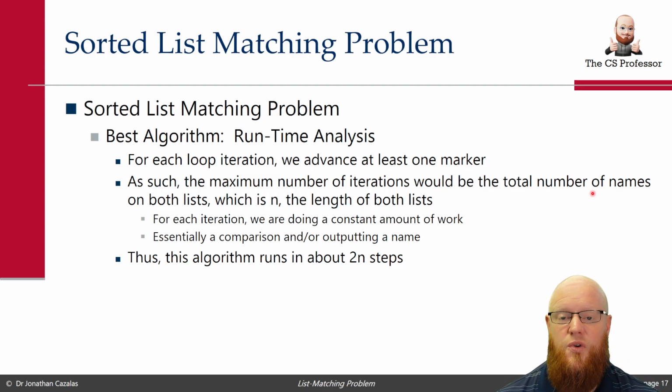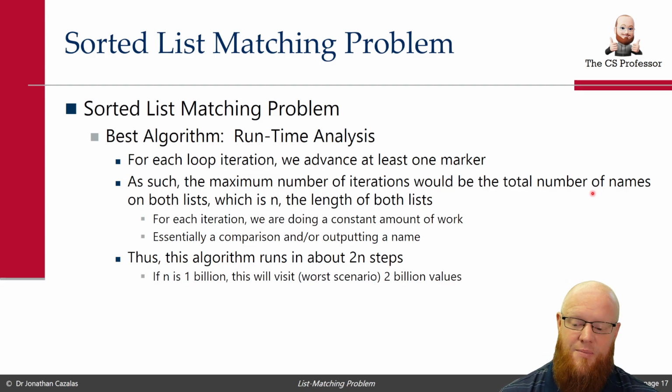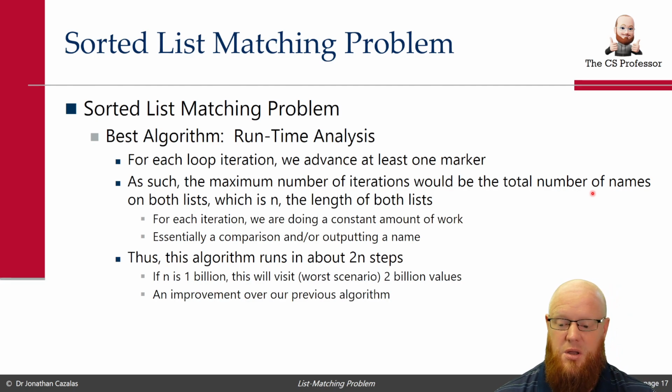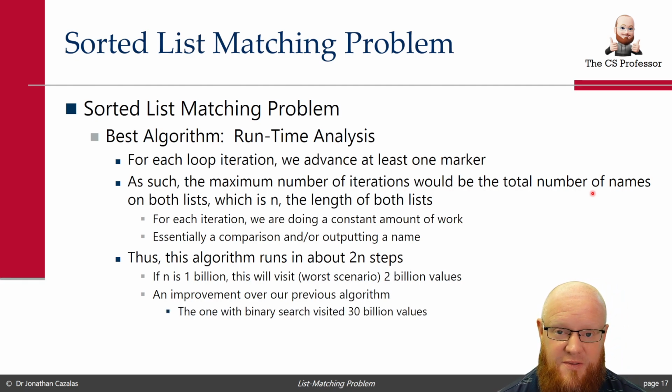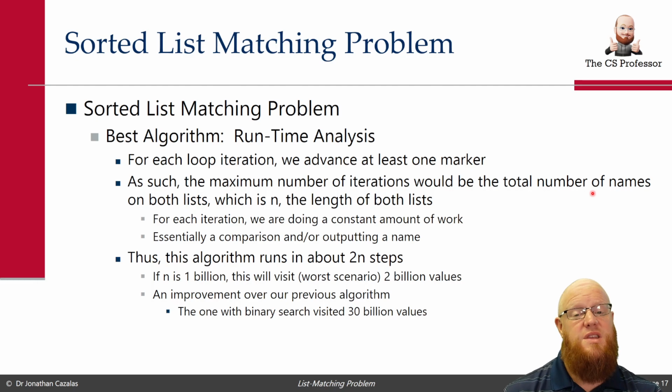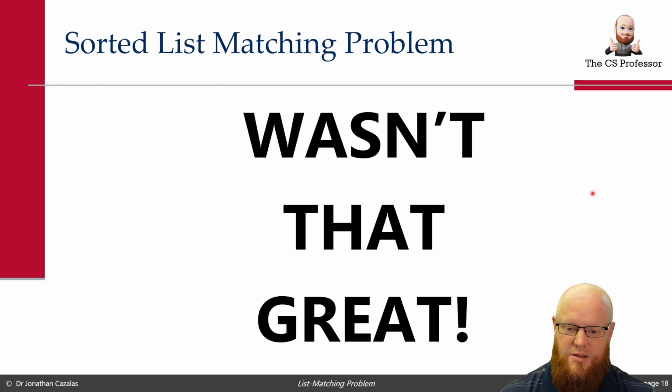We would move through all of the names on both lists, which would be n plus n, which is 2n. Going back to that example, if n was 1 billion, that would only be 2 billion values compared to our previous algorithm, which was 30 billion values, or worse, the first algorithm, which was whatever that huge number was.